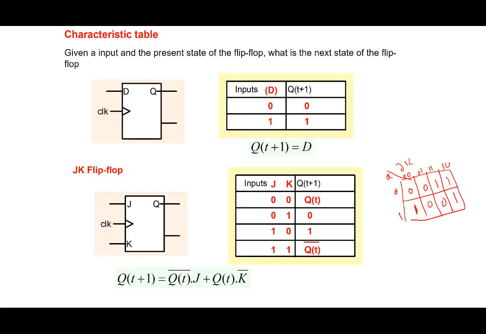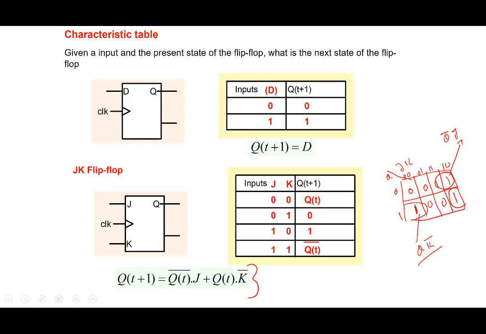And therefore, we can encircle this one and this one here. This one will give rise to Q bar, because Q bar is common, and we write it as J. And this term that we write is Q, and what is common is K bar. That's how we get this equation here.